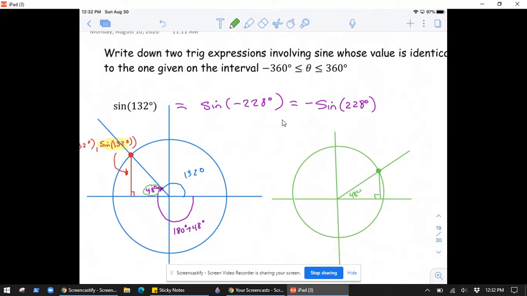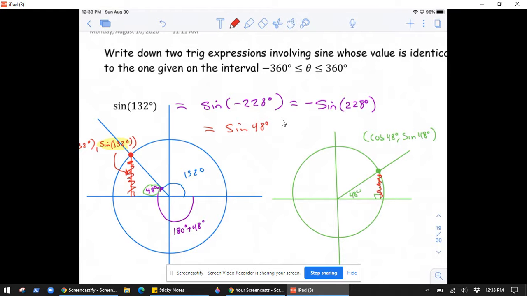So that point right there, its name is cosine of 48 degrees, sine of 48 degrees. But the key insight is, even though I didn't do a good job drawing them to scale, this must be the same length as this. So you could even say that sine of 132 is equivalent to the sine of 48 degrees.